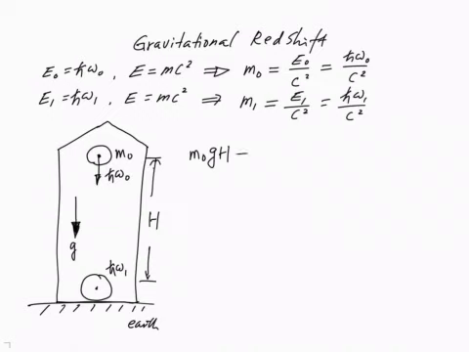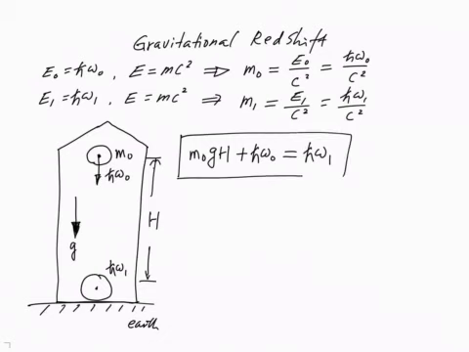We know the original photon has initial energy h omega 0. So we expect that by the time the photon comes down to the bottom and is detected by the observer, the energy should equal h omega 1. And this is the energy conservation law.